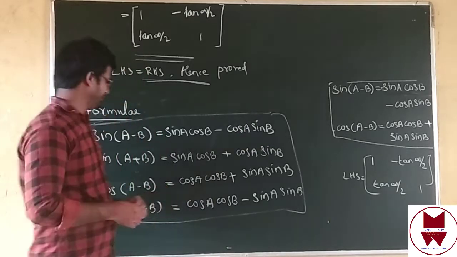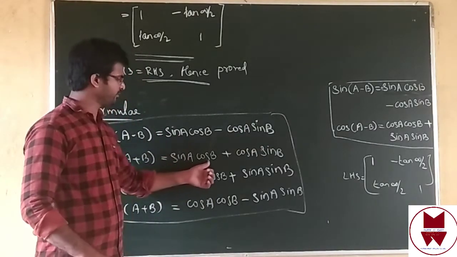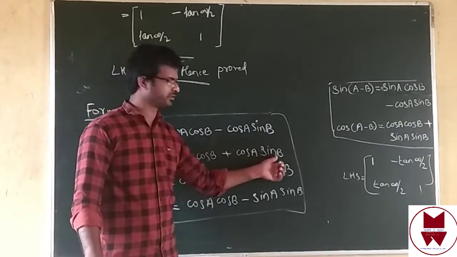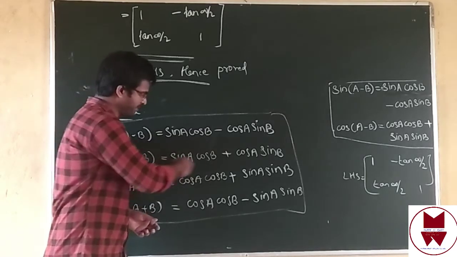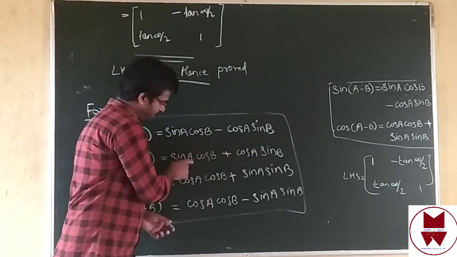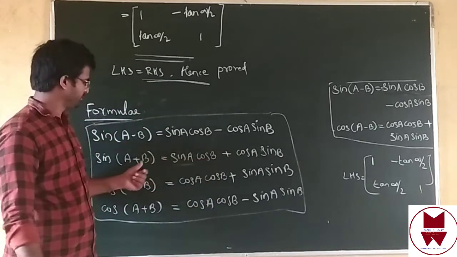And then sin A plus B, same. Here also sin is there, cos is there, and cos is there, sin is there. First time sin A means second time will be cos A. Then check plus also.